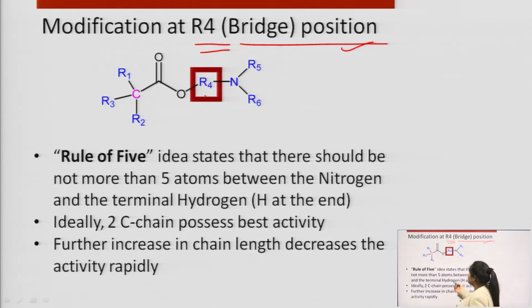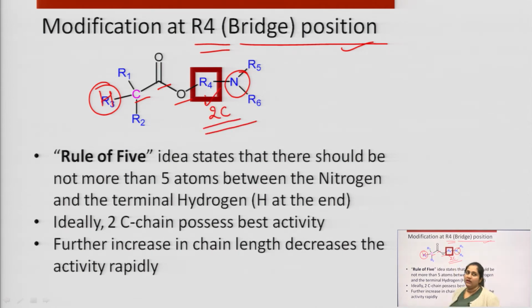So, suppose we have hydrogen here at this point and nitrogen here. The rule of 5 suggests a maximum of 5 atoms are allowed: 1, 2, 3. So, the remaining possibility here is 2 carbons to make this rule of 5.